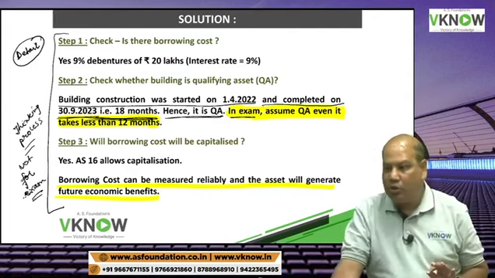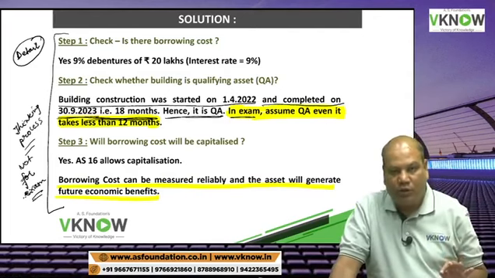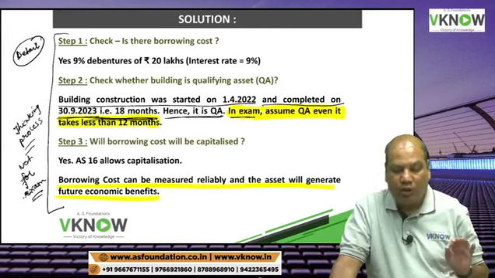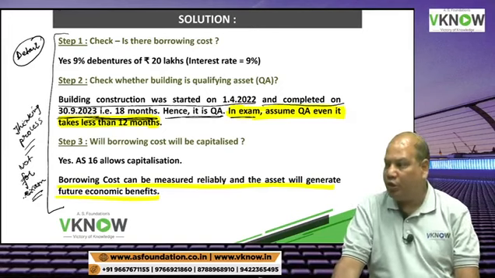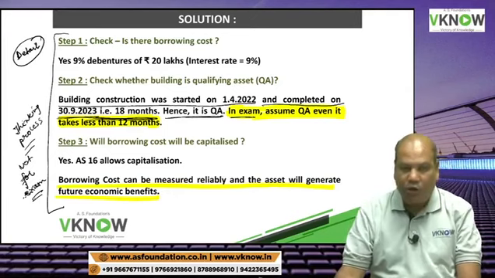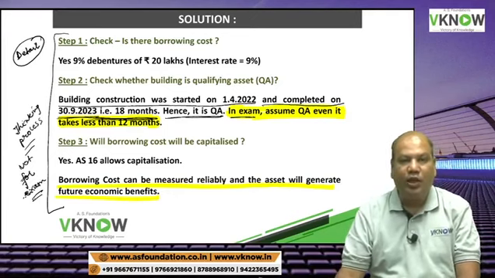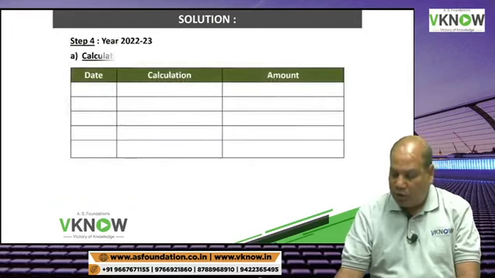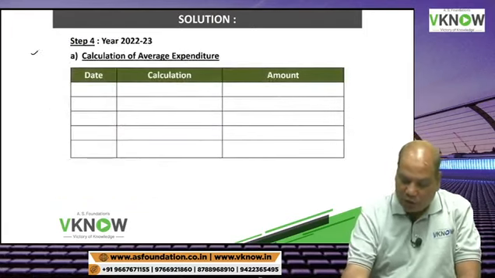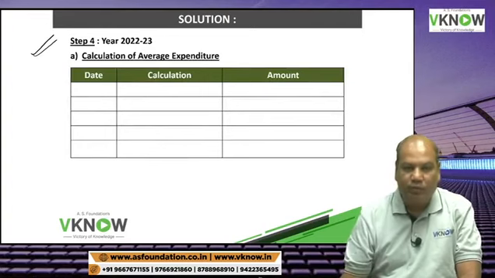There must be a borrowing cost, there must be a qualifying asset, borrowing cost can be measured reliably, and the asset will generate future economic benefit. Now this borrowing cost is eligible for capitalization. In the exam, your actual answer should start from here.